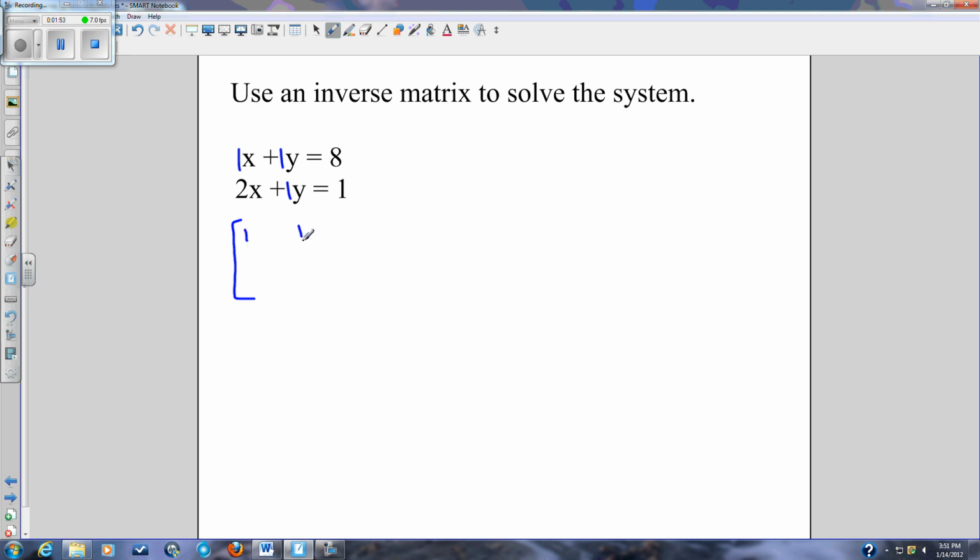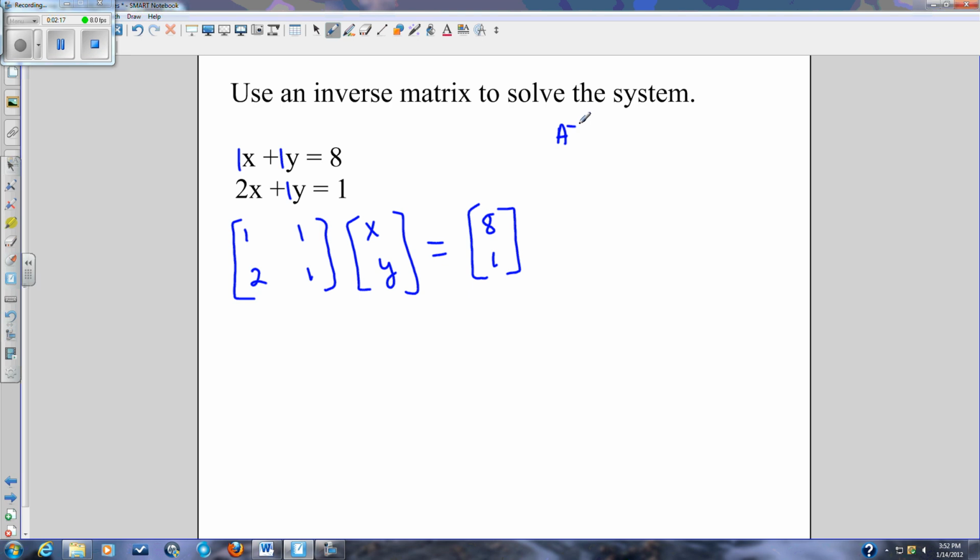So we're going to have 1, 1, 2, 1, x, y, and 8, 1. All right, now the first thing we need to do is find the inverse of the matrix 1, 1, 2, 1.